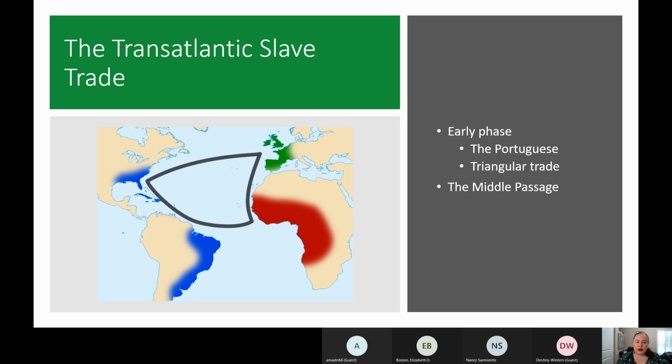All right, so let's talk about why African slaves were so available to English colonists in North America. Part of this was because slavery has been a long tradition in world history.